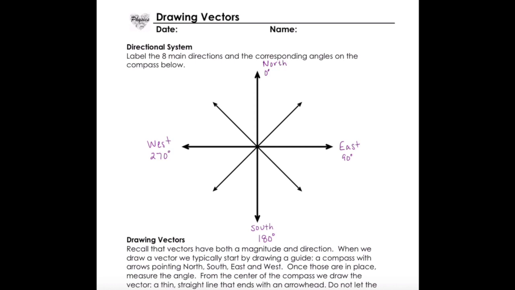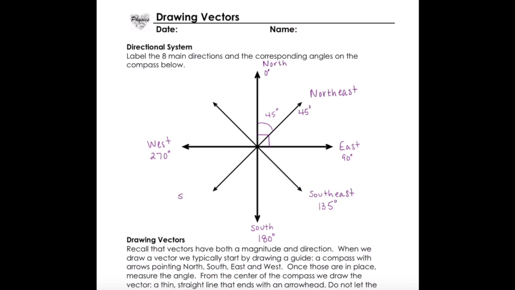Okay, and then we have these things in the middle of each of them, intersecting them. So first we have northeast. And this is at a 45-degree angle. Okay, so here we have a 90-degree angle, and so here would be 45 degrees from north, would be northeast. Okay, the next one is southeast, and it's at 135 degrees.